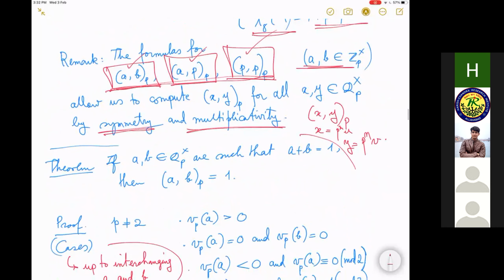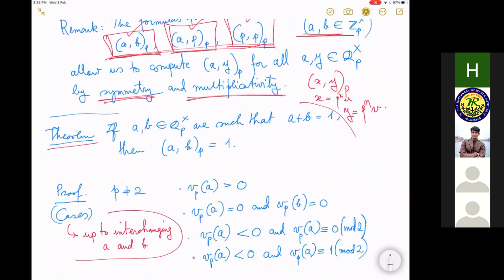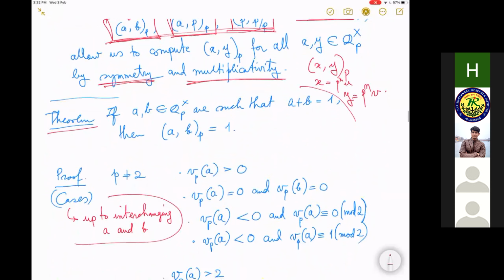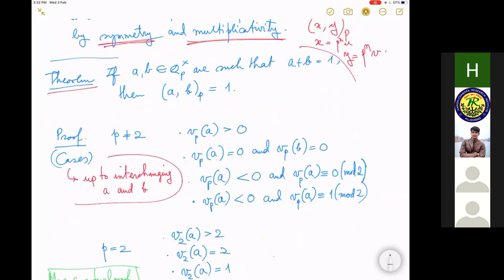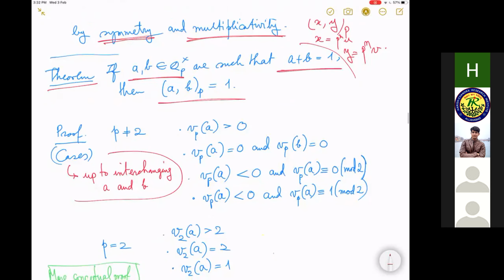Here's a theorem that we wanted to prove, the first theorem that we want to prove today; there's another one. The first one says that if A, B are in Q_P star, and if their sum is equal to 1, then this Hilbert symbol (A, B)_P is equal to 1. It cannot be minus 1.